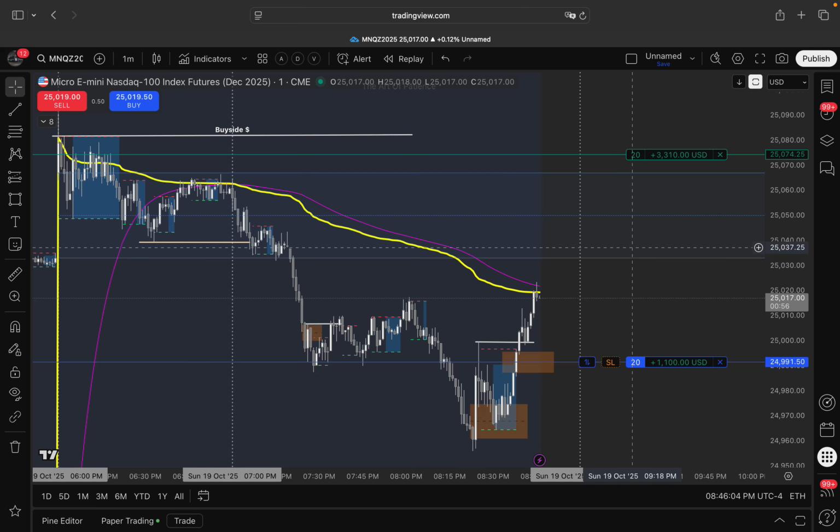And I do believe we're going to hit that take profit. Why? Because Bitcoin was pumping, so I would like to see a similar move for Nasdaq. After last week we had a huge sell-off, so it's time for price to finally recover, to make some new higher highs, and so on.